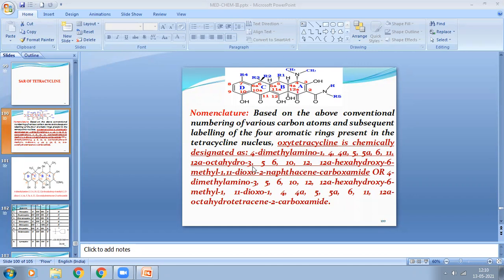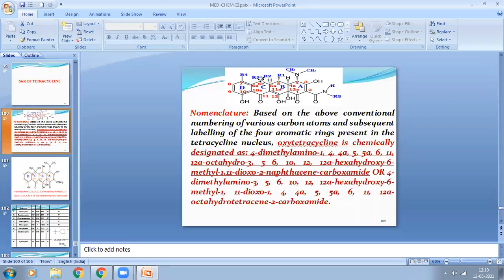And 3, 5, 6, 10, 12, 12a hexahydroxy. Hexahydroxy means 6 hydroxyl groups. And 6-methyl: again in this 6 position, a methyl group is there.